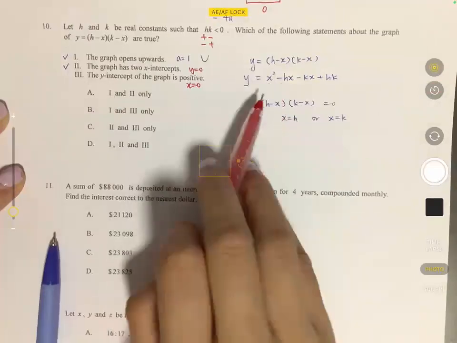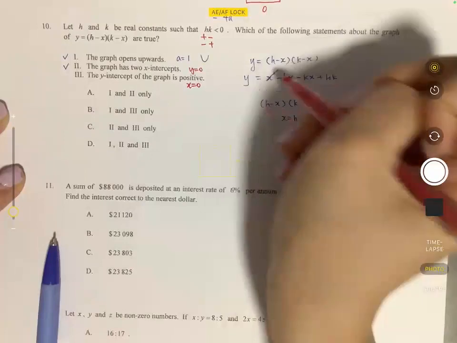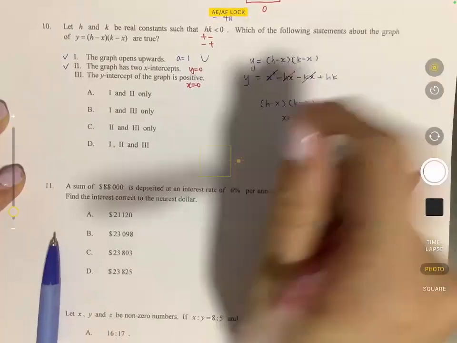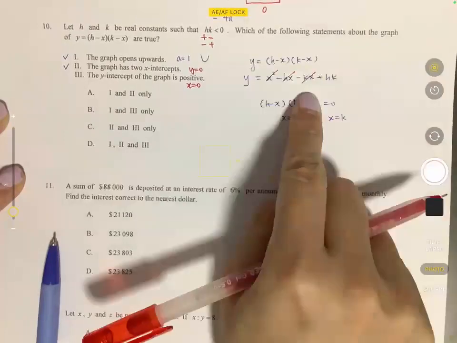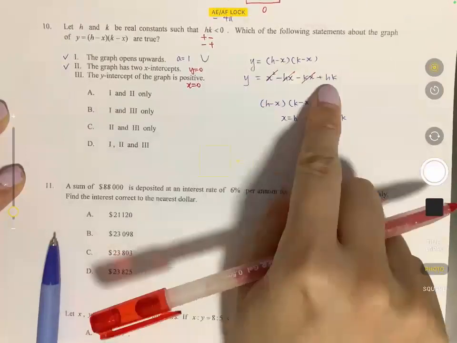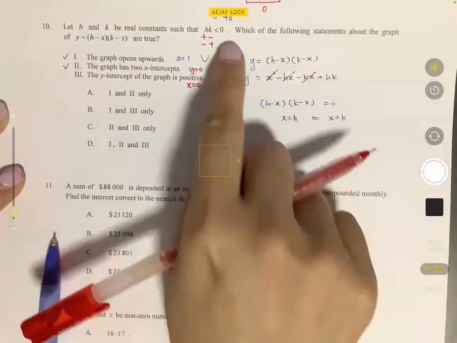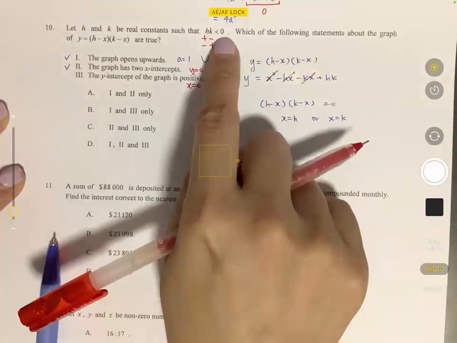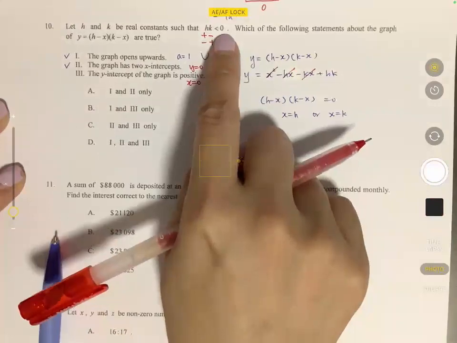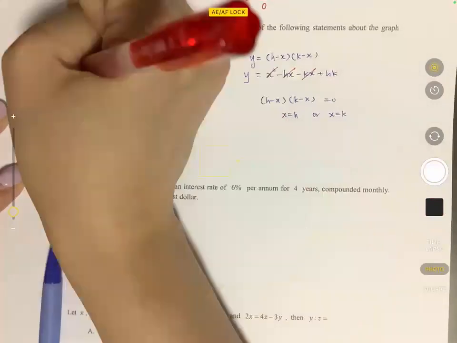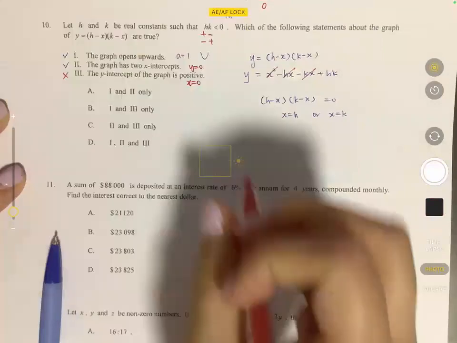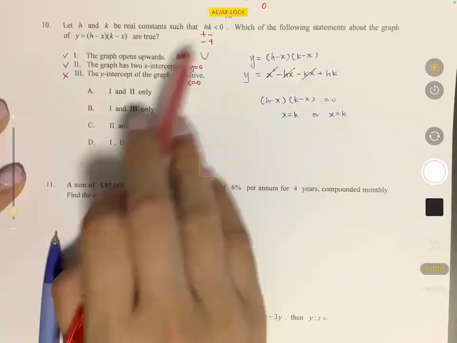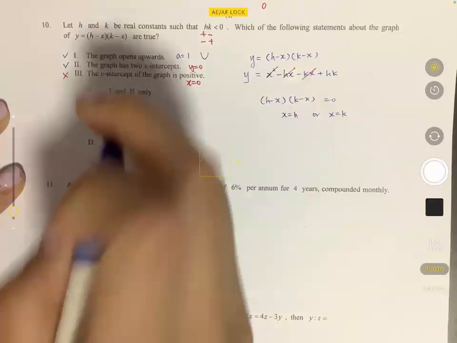If x is 0, then 0 squared minus 0 minus 0 becomes 0, and the y-intercept is hk. And hk is less than 0, that means negative. So that means positive is wrong, because the y-intercept is hk and hk is negative. So we have 1 and 2 only. That's why the answer is A.